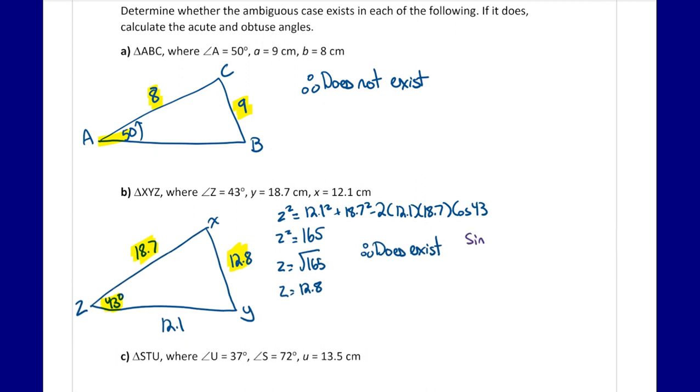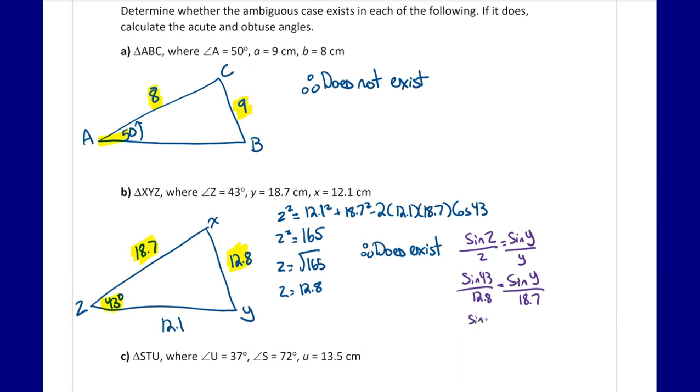So sine z over little z is equal to sine y over little y. Sine 43 over 12.8 is equal to sine, oh, not sine y, we don't know what that angle is, over 18.7.